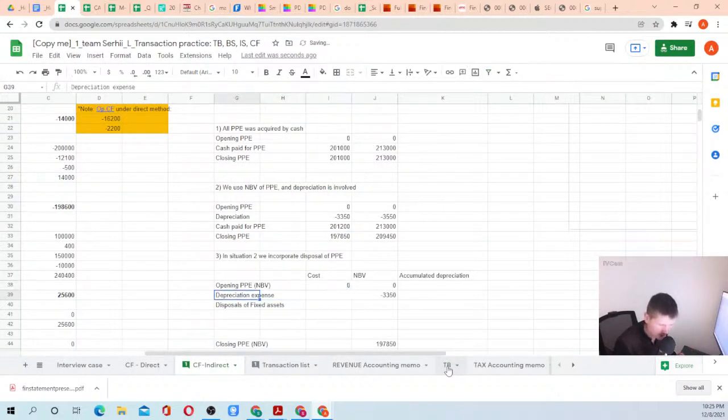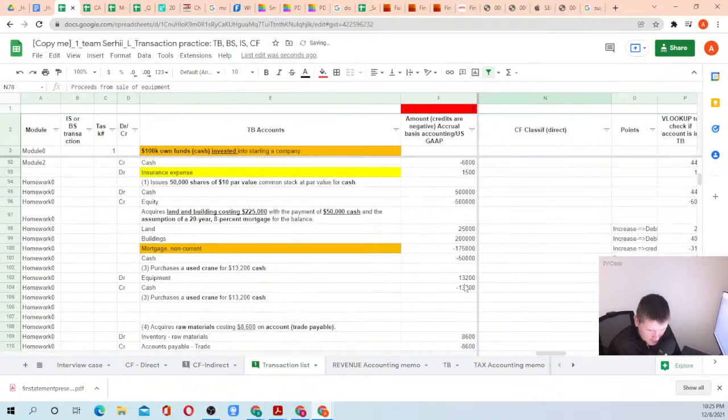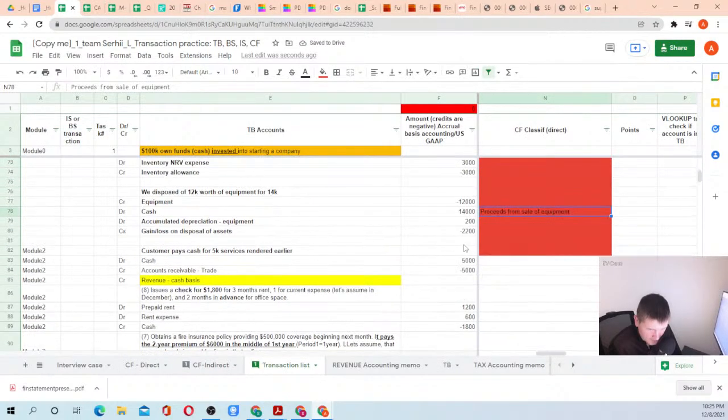For cost, we do not need depreciation. For disposals, we know that we disposed of 14,000.